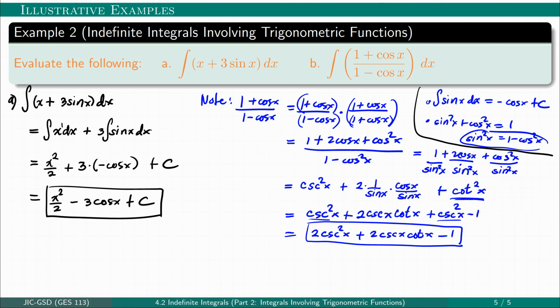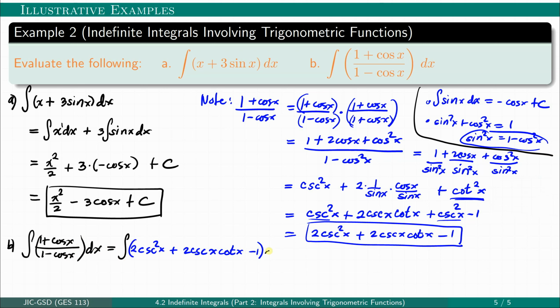Now, our original integrand 1 plus cosine x divided by 1 minus cosine x can be replaced by this identity. So for letter B now, the integral of 1 plus cosine x divided by 1 minus cosine x dx can be written as the integral of, we are going to use this identity, 2 cosecant squared x plus 2 cosecant x cotangent x minus 1 dx.